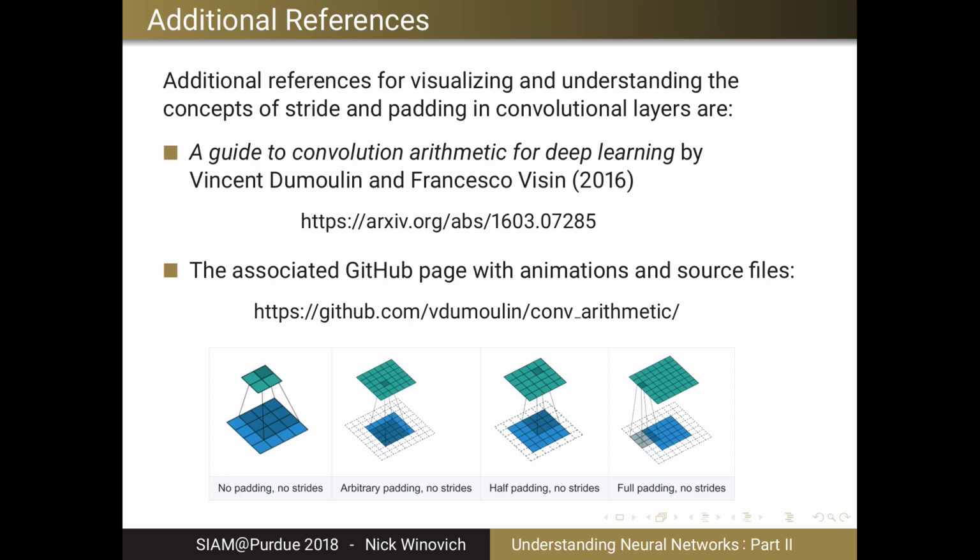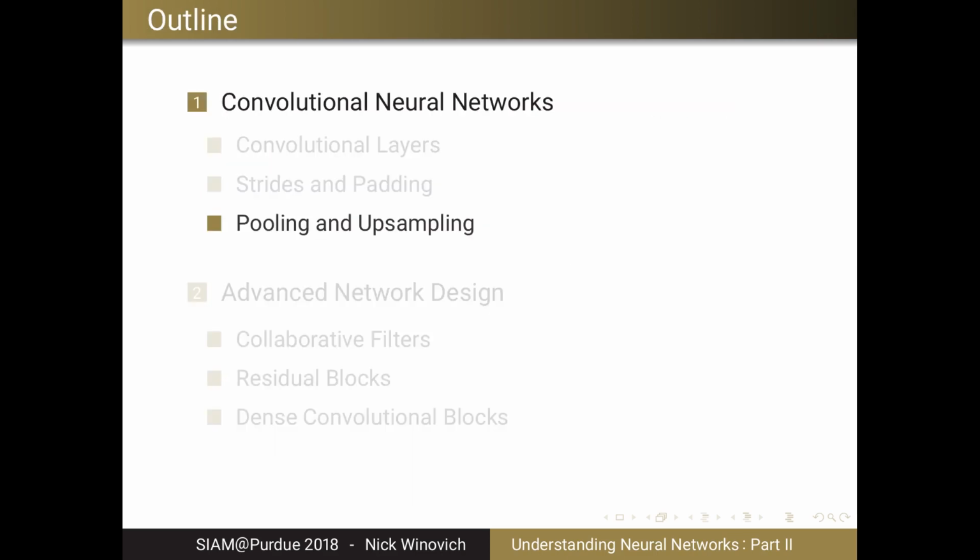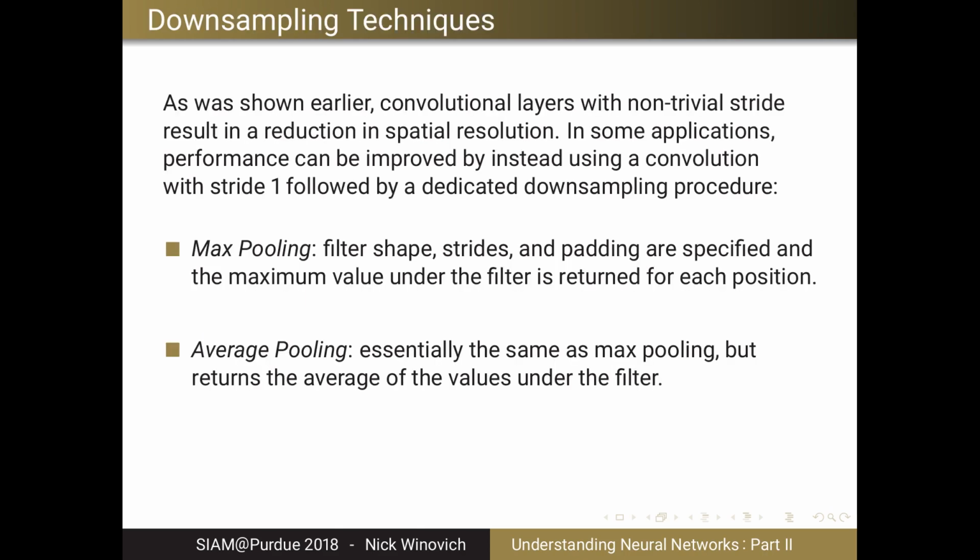And yeah, there is something of an arithmetic for these convolutional layers in terms of strides and padding. And for the most part, you just have to work with them for a while to get a feel for how the shapes and dimensions will come out. And we'll go through some examples to see how that works.